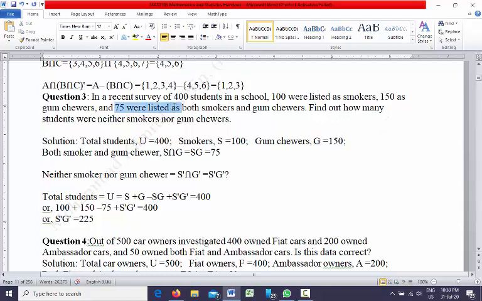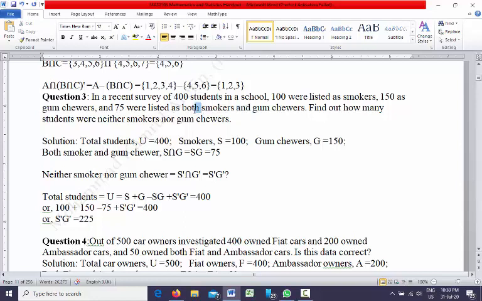Now 75 were listed as both smokers and gum chewers. Remember, whenever you see the term both, or and, you should understand that this is an intersection, that means common.